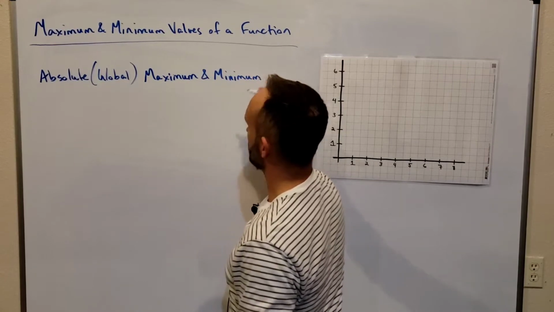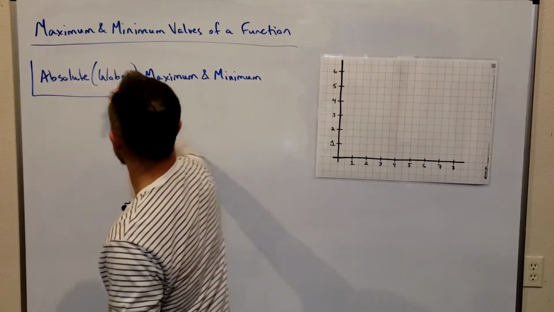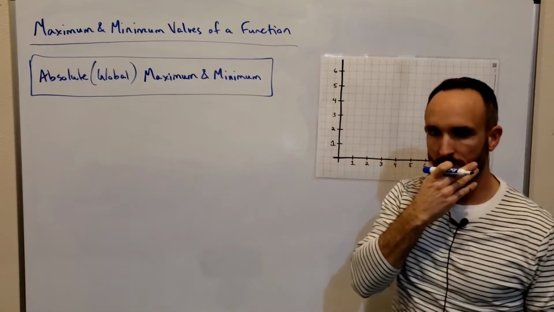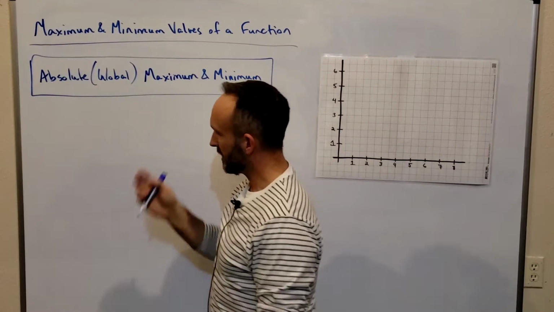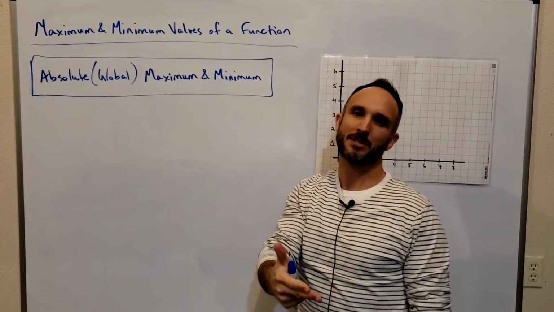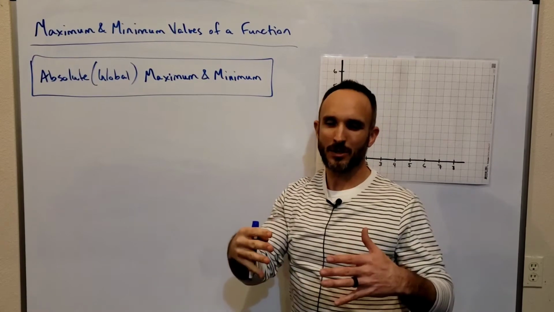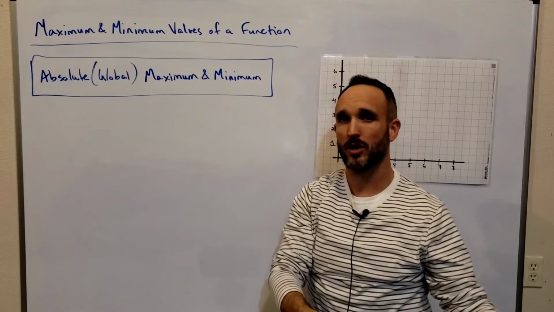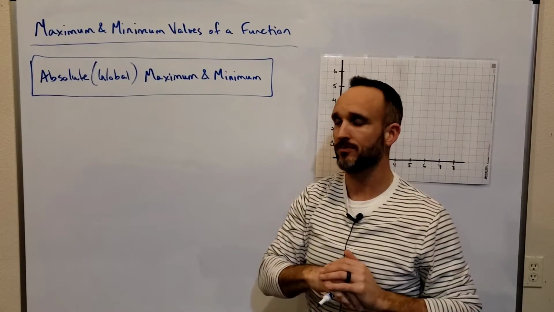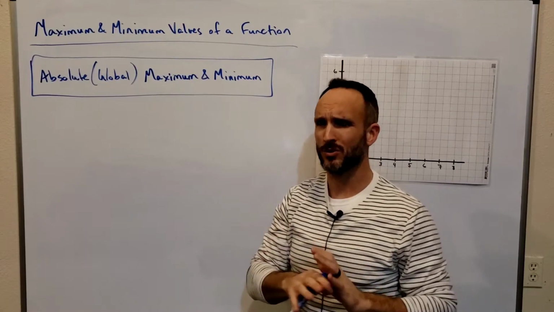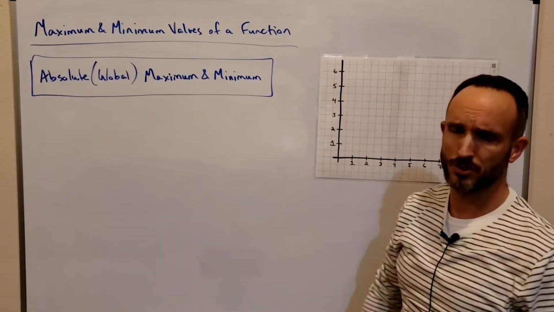So this is the absolute case or the global case. An absolute maximum or minimum basically relates to the highest point on the graph or the lowest point on the graph of a function. Now you're not always guaranteed to have either one. So we'll come back and look at some examples shortly.